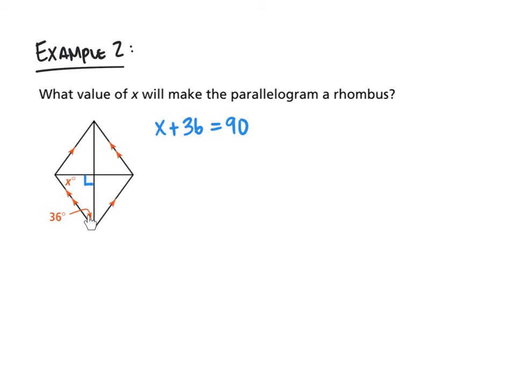Again, because if these two add up to 90, then that makes that have to be a 90-degree angle, so that they all add up to 180. And so now if we just subtract 36 from each side, that x would have to be 54 degrees. And there's our answer. That's what x would have to be in order for this to be a 90-degree angle, and therefore for these diagonals to be perpendicular, which would make this shape a rhombus.